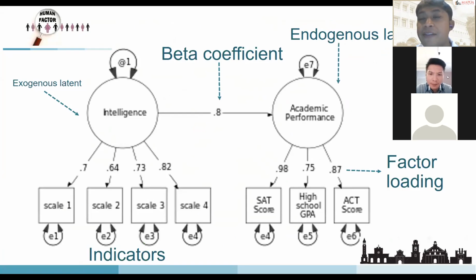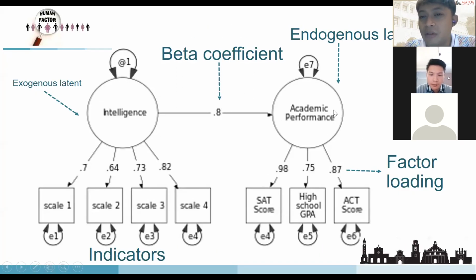Okay, everyone. If you see SEM, you will see a figure like this one. In the structural equation model, there is an oval and there is a square. See this first, the oval and the square. For the oval, what do we call it?